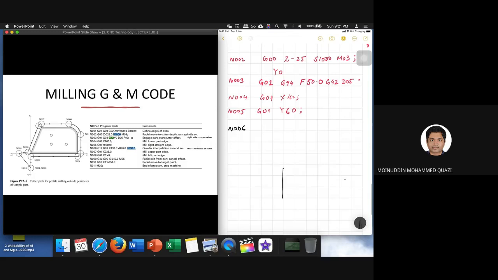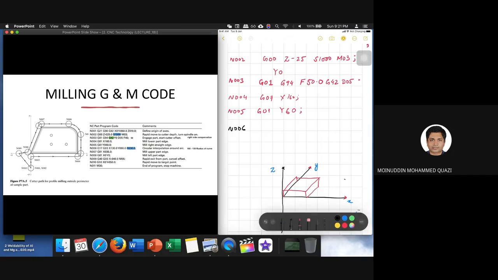If I draw this in three dimensions, my workpiece is like this. Which plane does my workpiece lie in? This is the Y axis, this is Z, Y and X. So my tool has to move in the XY plane to make the curve.